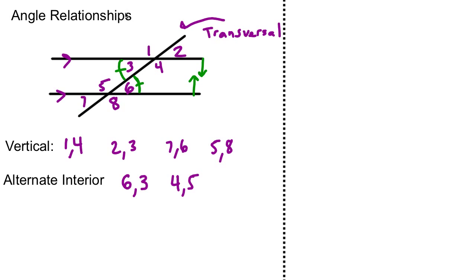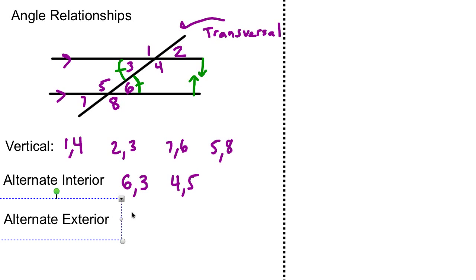Okay. Next, a couple more here. We have what are called alternate exterior angles. And so here we're looking outside of the parallel lines, or exterior, and then opposite sides.